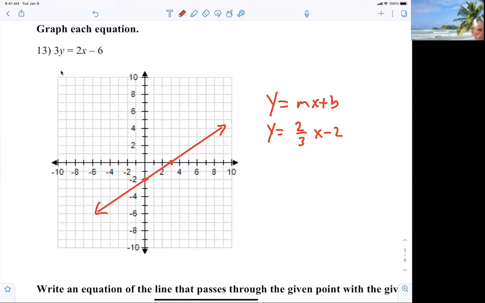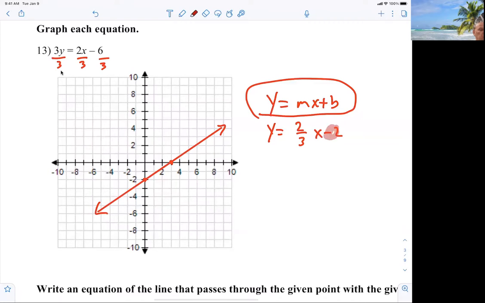All we did was divide by 3, correct? So we put it in the format y equals mx plus b. And don't forget, this is your y-intercept. So I plotted that point, 0, -2. And then from there, we just use the slope: up 2 to the right 3.